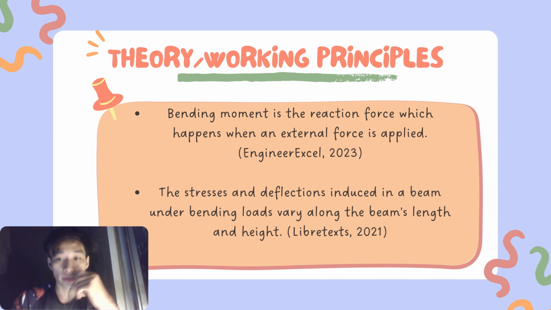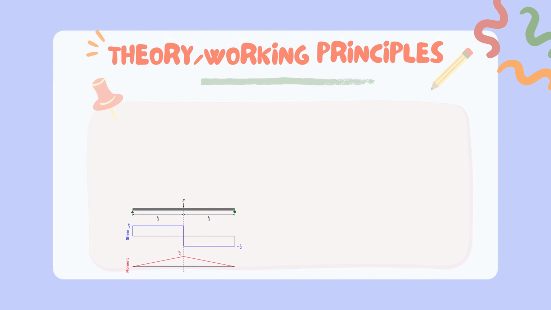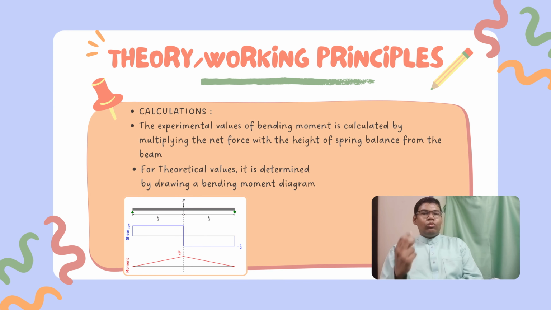Okay, next for theory. Bending moment is the reaction force which happens when an external force is applied. The stresses and deflection induced in a beam and the bending loads vary along the beam length and height. In this experiment, there are two sets of calculation that need to be made.